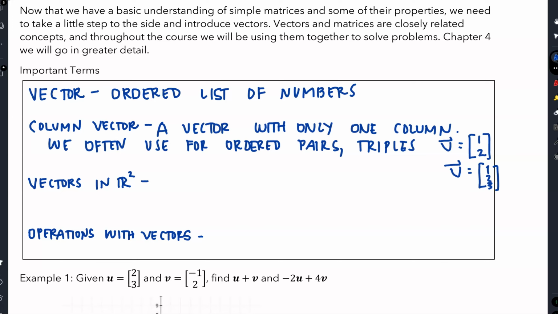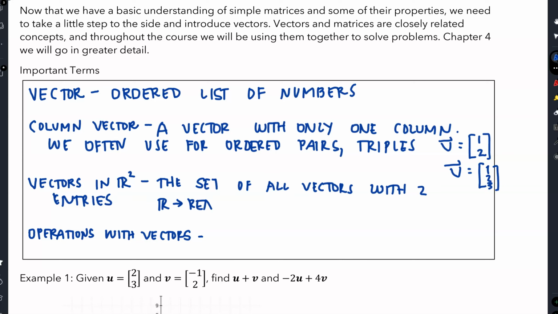All right, so vectors in R2 means the entries are real numbers, and the 2 represents how many entries you have. So it's going to be the set of all vectors with 2 entries. This is going to be our real numbers, and then the 2 represents the number of entries.